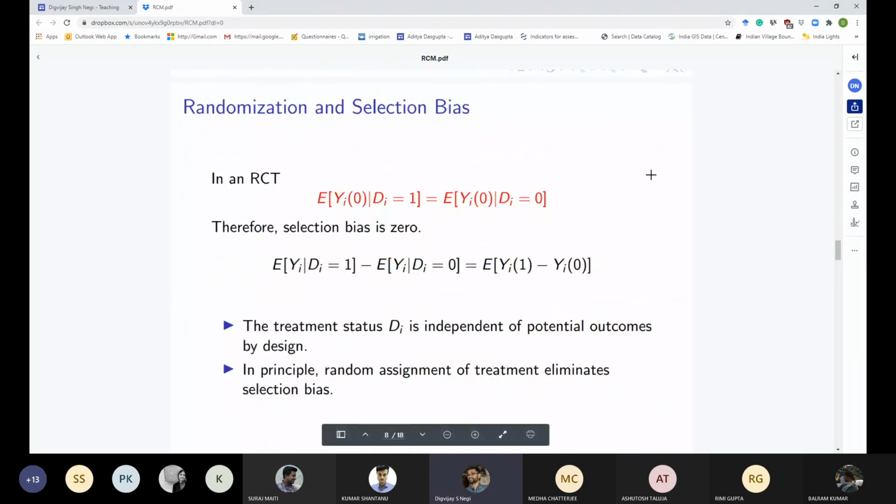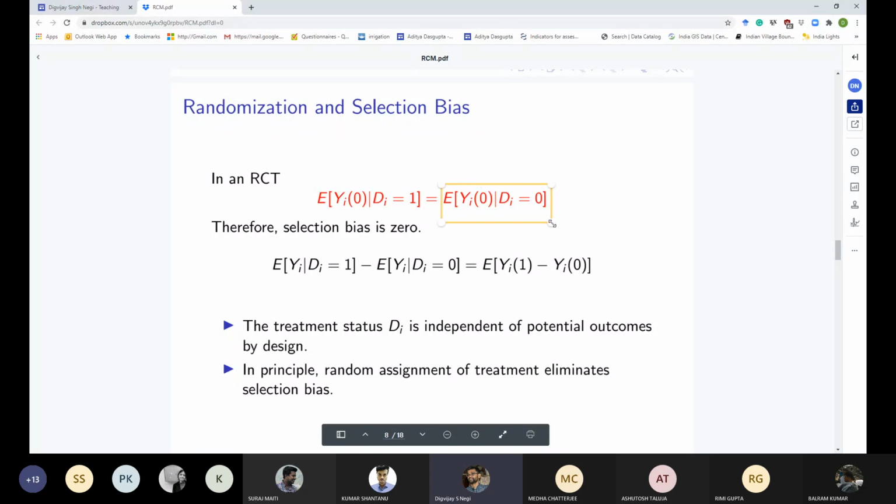Randomization and selection bias. This is quite intuitive to understand, given that you have understood the idea of selection bias and ATT. If the assignment of treatment is purely random, meaning the assignment was not influenced by anything, then, as I've already said, these two objects will be the same.